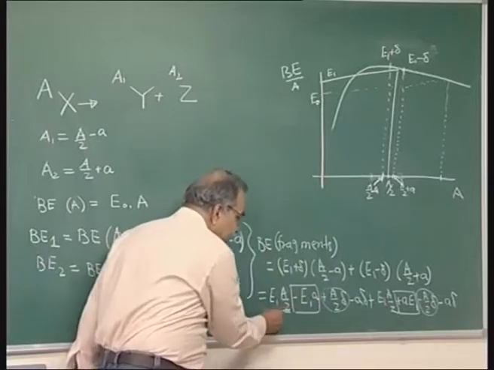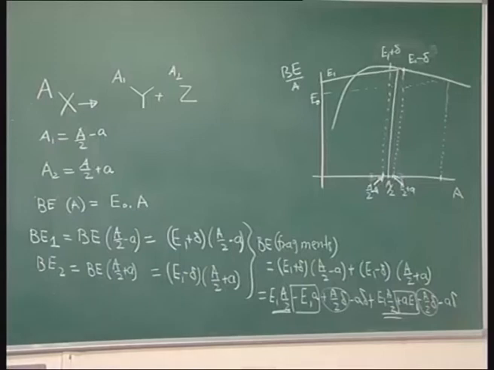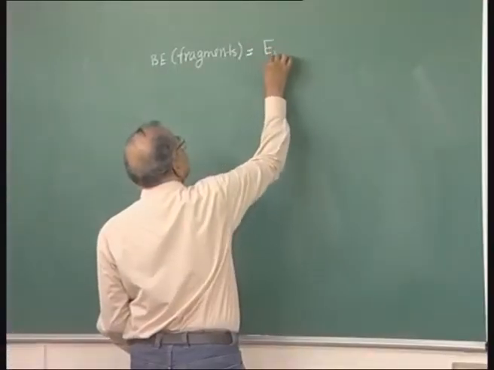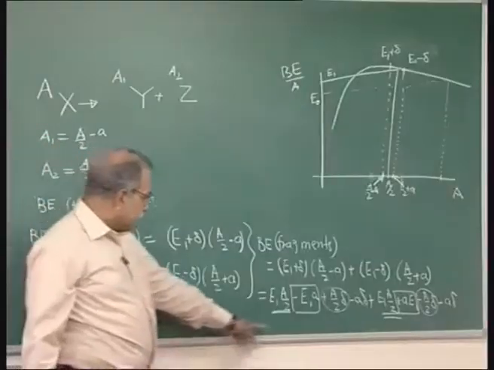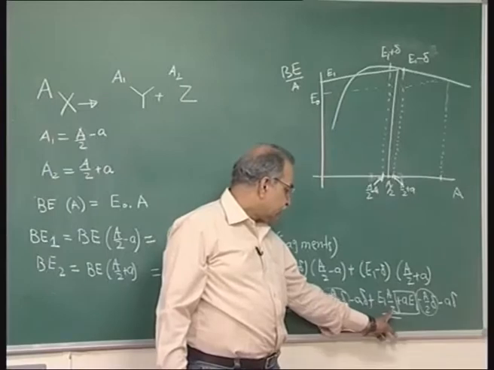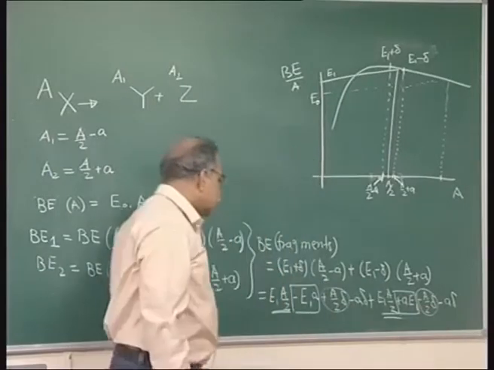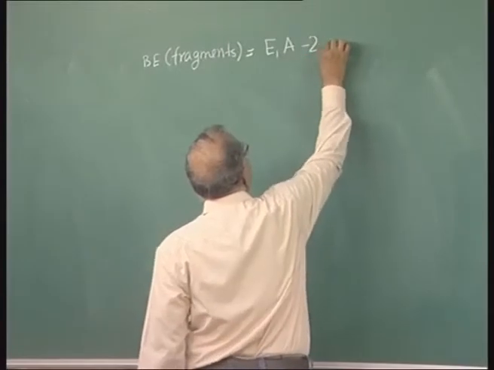So, this term and this term is just E1 times capital A. And then minus a delta here and minus a delta, so minus 2 times a delta.